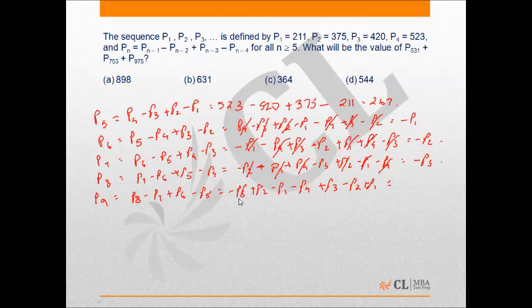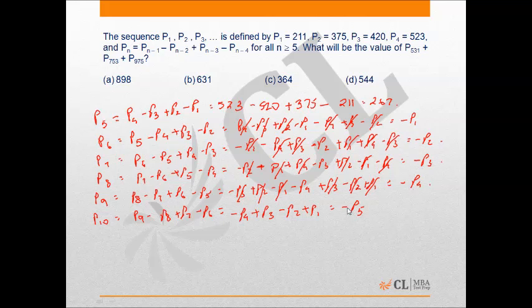So this is minus P3 and plus P3, this is plus P2 and minus P2, minus P1 and plus P1, with minus P4 remaining. Then P10 is P9 minus P8 plus P7 minus P6, which would be minus P4 plus P3 minus P2 plus P1, which is nothing but minus of P5.